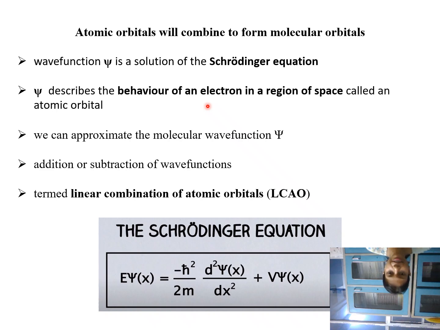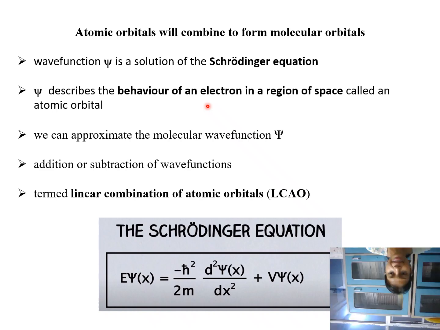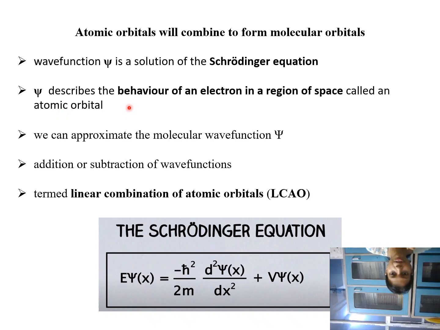What is an atomic orbital? This is actually how the electron behaves in space, how it is occupying the space. That picture is the atomic orbital, and that is given by psi, the wave function. Please try to revise all these things. This is a very important equation.